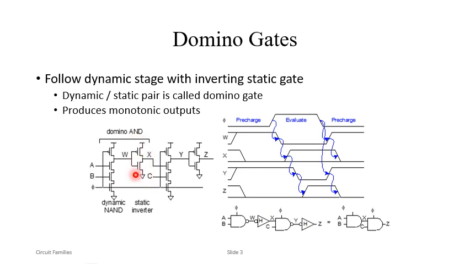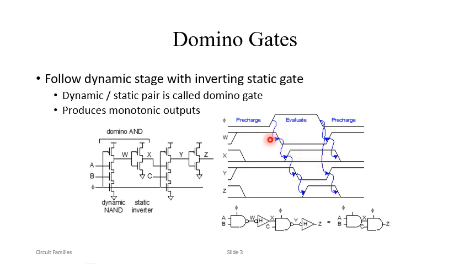Then in the domino gate, two such circuits are connected together, and here we have two states: one is pre-charge and the second is evaluate.